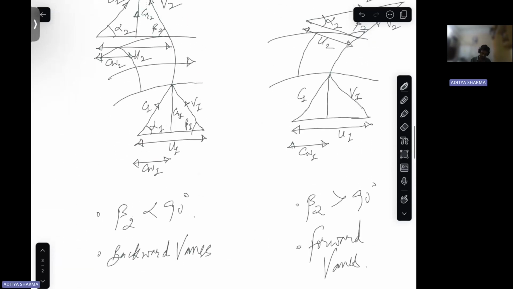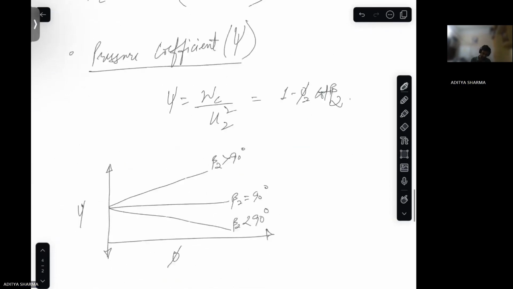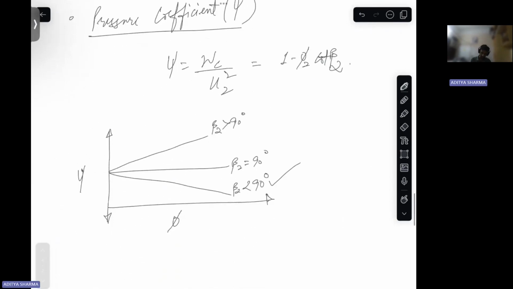So for your backward vanes, the behavior is this.